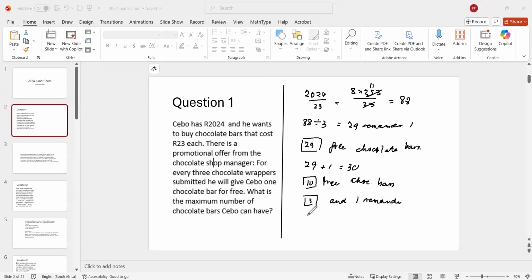And with those 3, you can make one more. Exactly. And he has one spare. Actually, he'll have 2, because this one together with the one that remained, he will have 2 spare, but that's not enough to get any more chocolate bars for free. So this is where it stops.